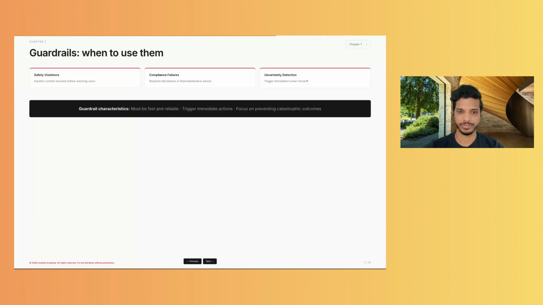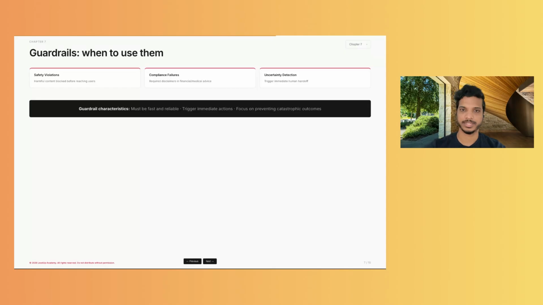And one is compliance failures. This could be any PII leakage checks that you might add to the application. These need to be extremely carefully designed so that none of your company's principles are being violated by the product's responses. And there's also uncertainty detection that you can use, like, for example, we discussed this refunds use case, where if the model is uncertain and the use case seems important, then the product should escalate to the human rather than trying to come up with an uncertain answer or ask too many follow-up questions leading to user frustration.